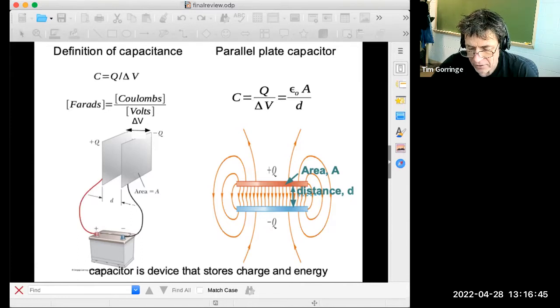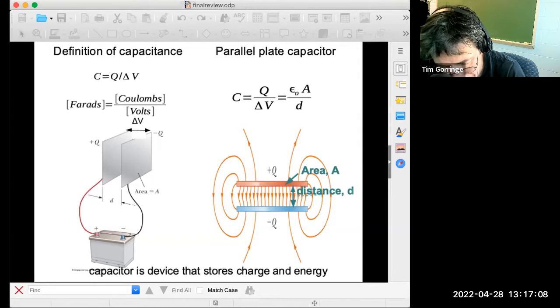A capacitor is an electrical device that has two oppositely charged conducting plates, and we think of it as a device for storing electrical charge or electrical energy in the circuit, really for storing both. It simultaneously stores charge and energy.